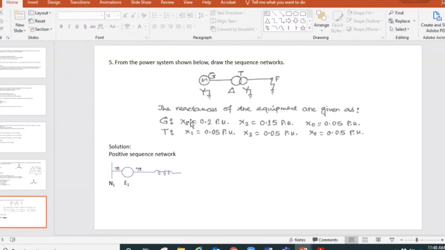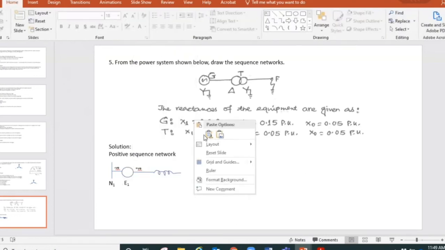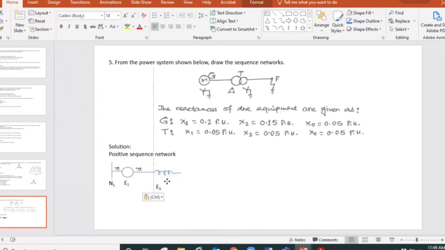So I will label it X1 of G, labeling is very important. X1 of the generator G. Only the positive sequence reactance will come into this diagram, because this is the positive sequence network.